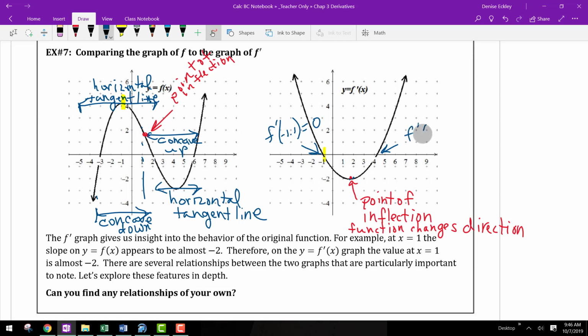So f prime of, let's call that 4.2, equals 0. So that's where our horizontal tangent line was. Okay? So that's what you're trying to see, the relationship between the two. We're going to finish our discussion of lesson 3 in the next video.